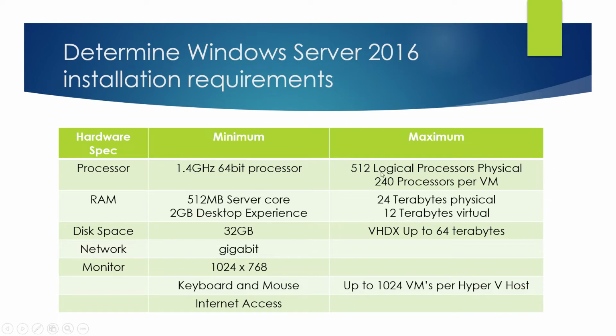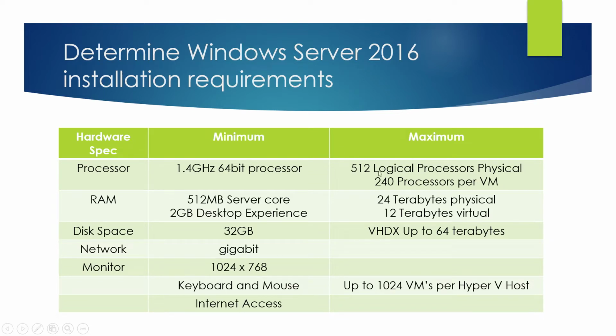And over here on the right we've got the maximums. We can see that it's a massive amount of processing power that it supports. So 512 logical processors for physical and 240 logical processors per VM.